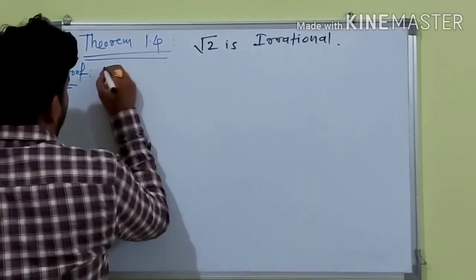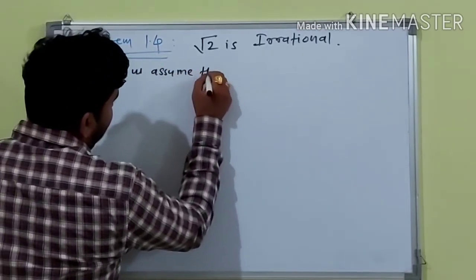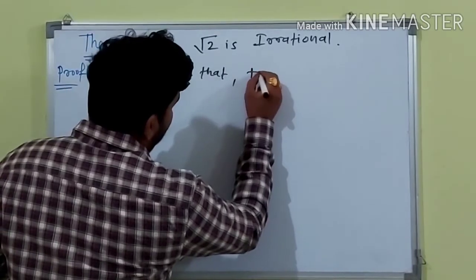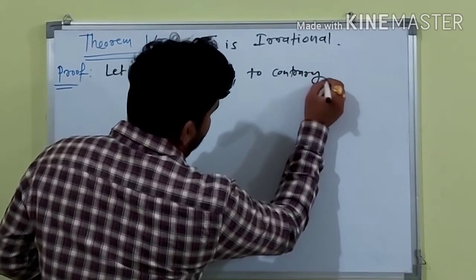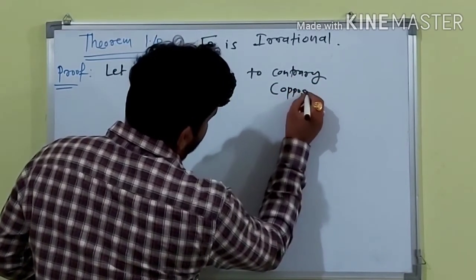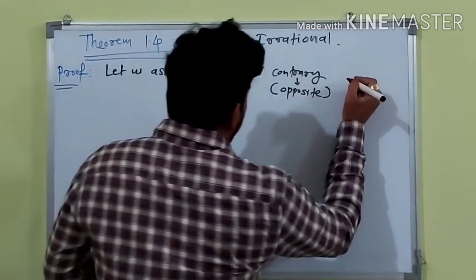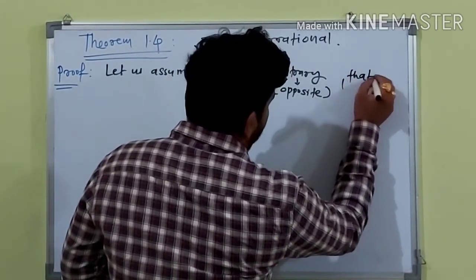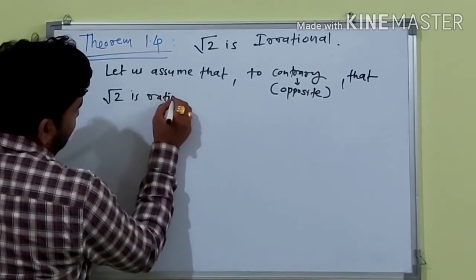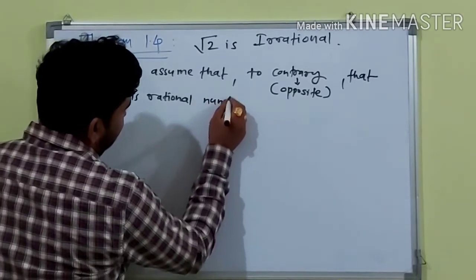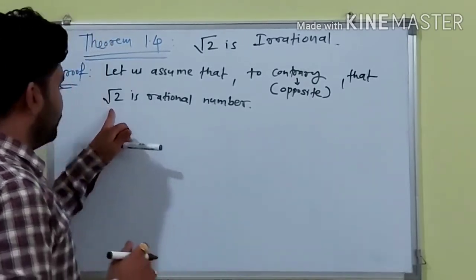Let us assume, to the contrary, that under root 2 is a rational number. Contrary means opposite. It is only an assumption; you know that under root 2 is an irrational number.